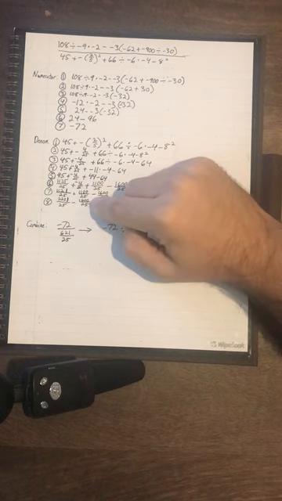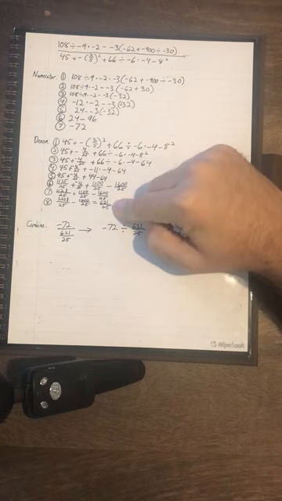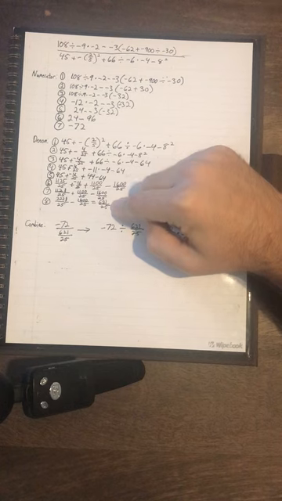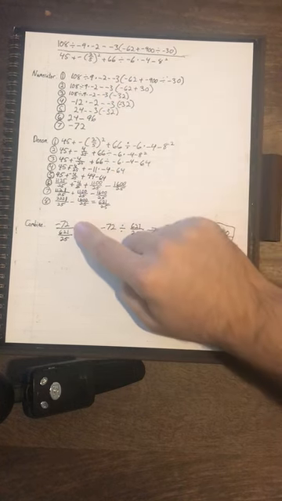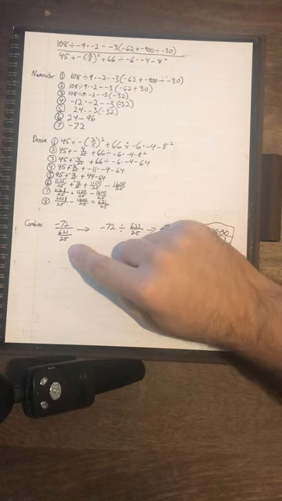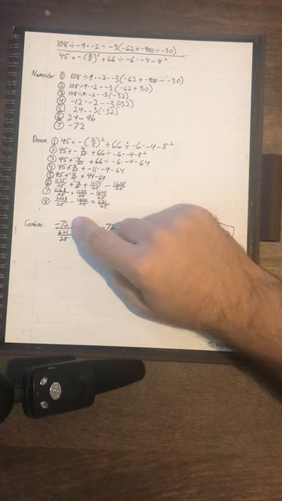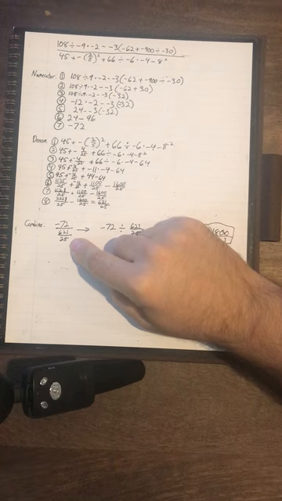And I subtracted that by 1,600 25ths, which gave me 621 25ths. So when I combined my numerator and my denominator, I got negative 72 over 621 over 25.